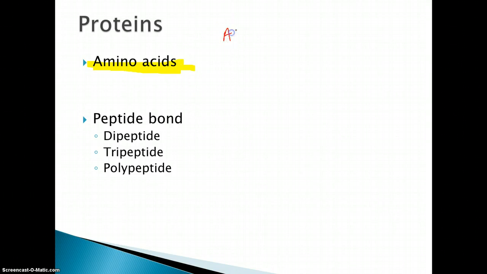Here's an amino acid. It is linked to another amino acid. And this link in between, the thing that holds the whole amino acid together, this right here is called a peptide bond. And it is a type of covalent bond. Again, peptide bond, right here.